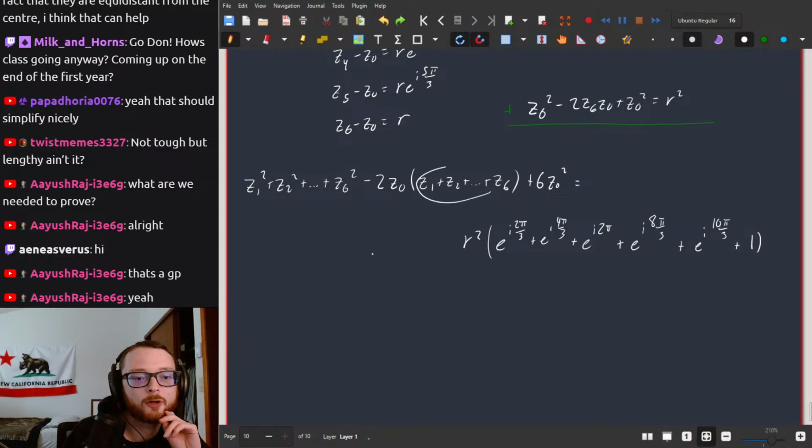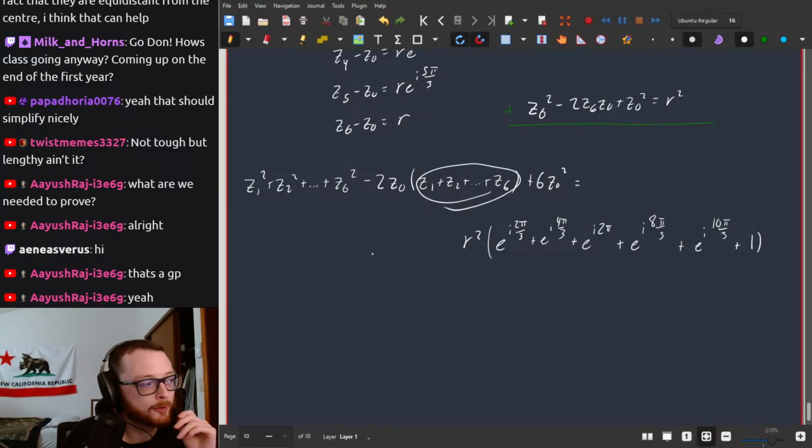I was kind of assuming these would all be 0 somehow. I don't know how to justify that though. They should have. Oh, they add up to z naught maybe.